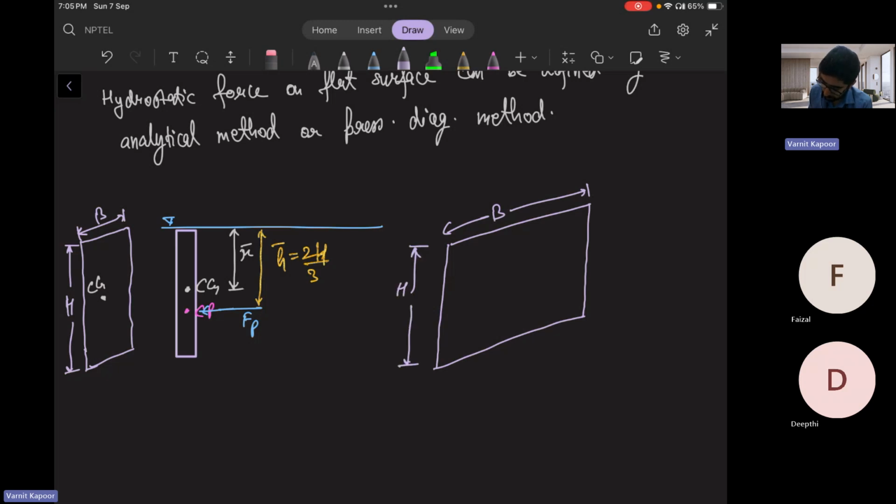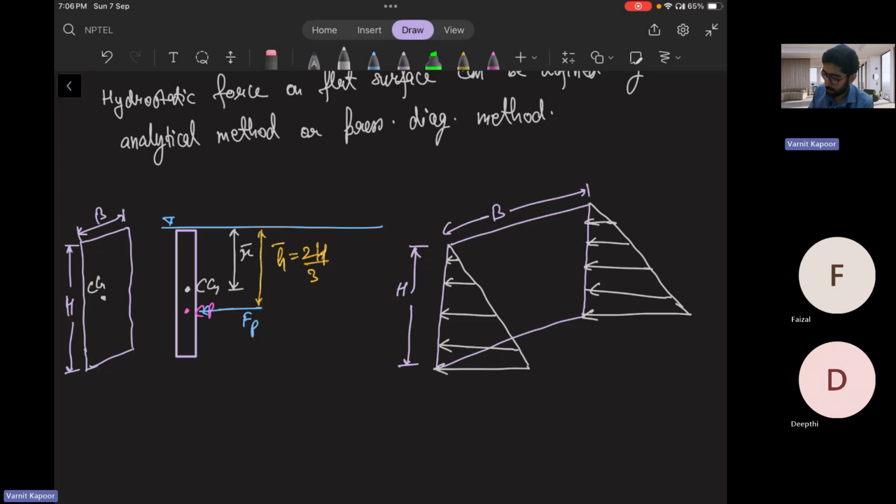So what does the pressure diagram look like? It is increasing pressure, hydrostatic pressure. Similarly, this way also, on this side also, because it's a three-dimensional plate. So everywhere it will be acting.